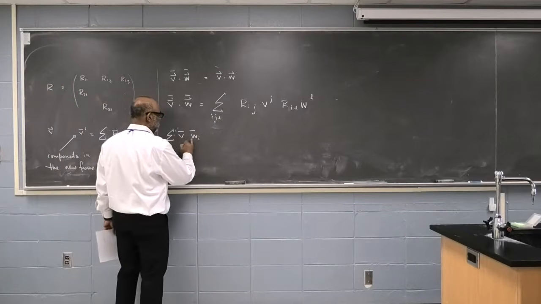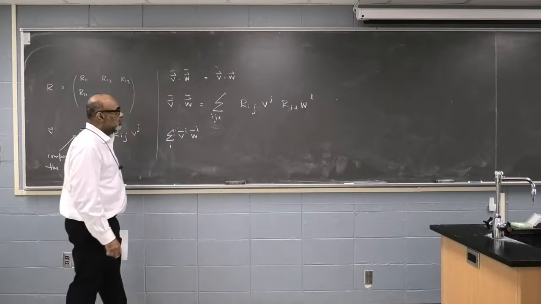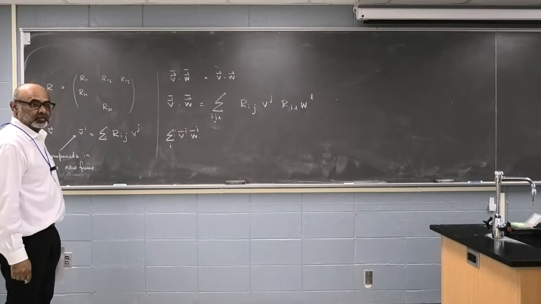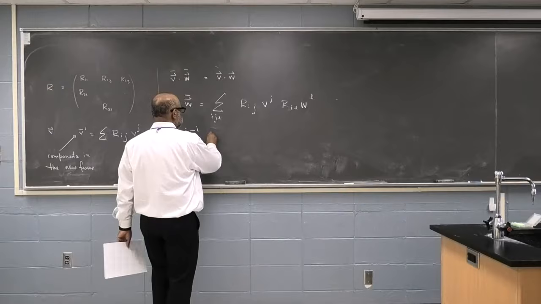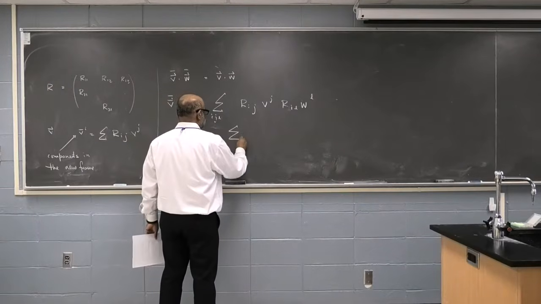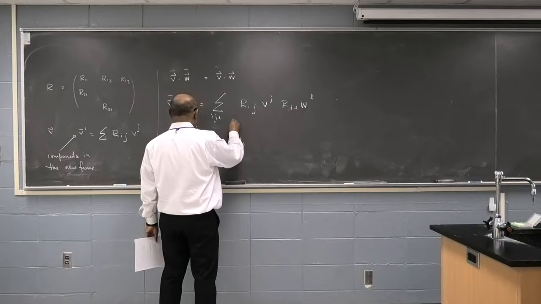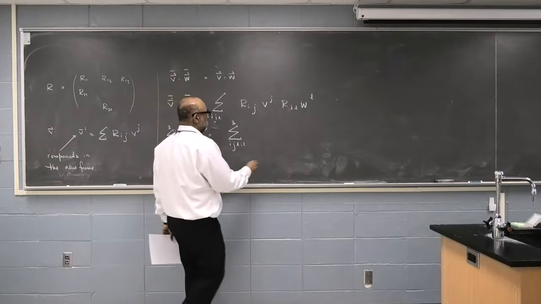I'm going to be careless here. I like the vectors to be here. Correct? And it's equal to that? Yeah, that should be equal to the sum over i, j, l. All summations are from 1 to 3.